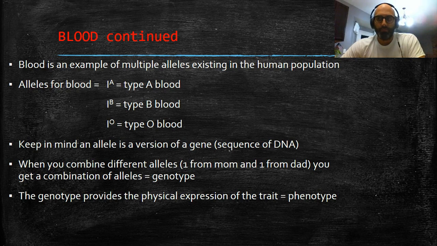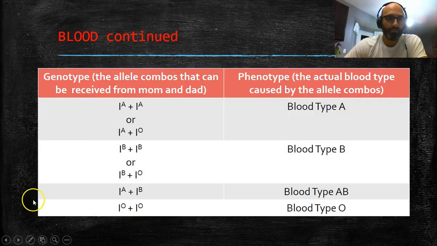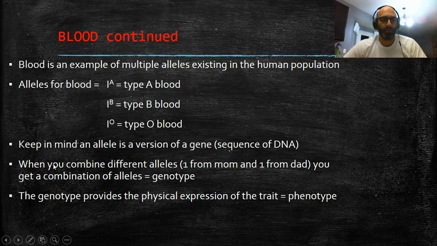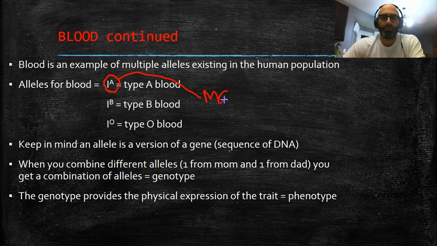Now, the mode by which these blood types arise has to do with simply when one of these alleles, like blood type A, is given by mom, and the other allele, let's just say for instance it happens to be this one here, is given by dad.